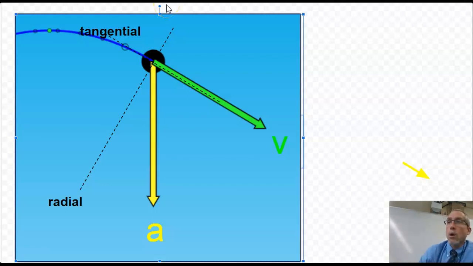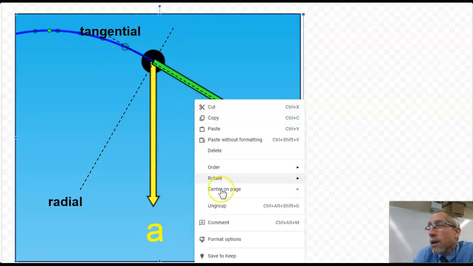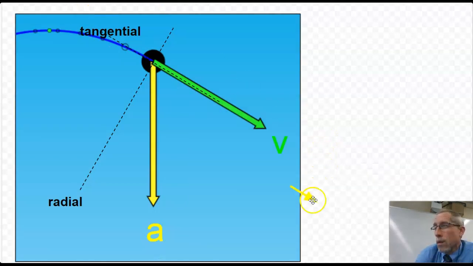Okay, so next I'm going to actually draw in the components. I'm doing this all with digital ink. The idea of components is you draw the vector from the point of... I need to get this back to the front. All right, let me pause here. There we go. Okay, so we draw vectors starting at the tail of the vector we're breaking up.